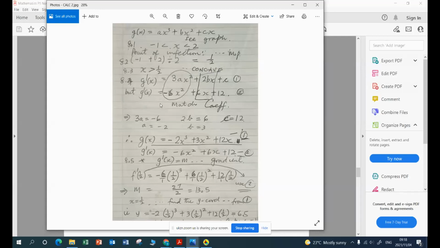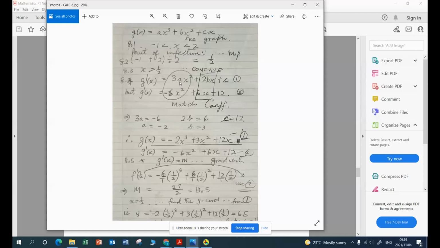But you're given the derivative to be minus 6x squared plus 6x plus 12. So let us compare 1 and 2. Let's compare the coefficients. Now, what you have there is the x squareds, the x's, and the constant. Well, c and 12, so obviously 12 is a constant, and there's c. So c is equal to 12.